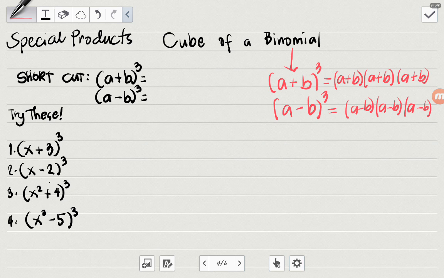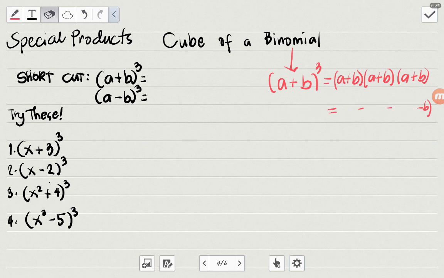So, hindi ko na kailangan dumaan sa process o yung method na gagawin natin ngayon para masagutan itong mga to. So, huhulihin lang natin yung pattern dito. So, now, let's try to do cube of a plus b. So, alam naman natin na ang cube ni a plus b ay a plus b times a plus b times a plus b.